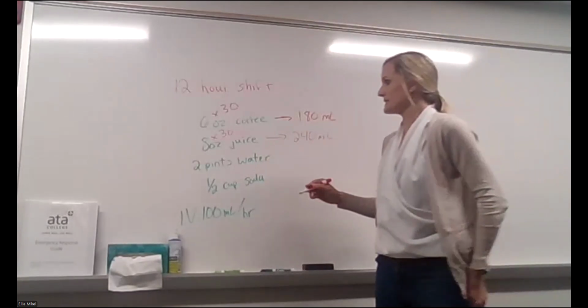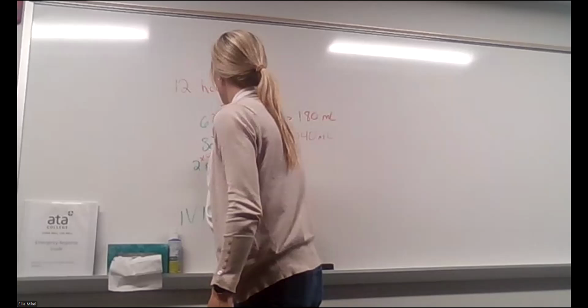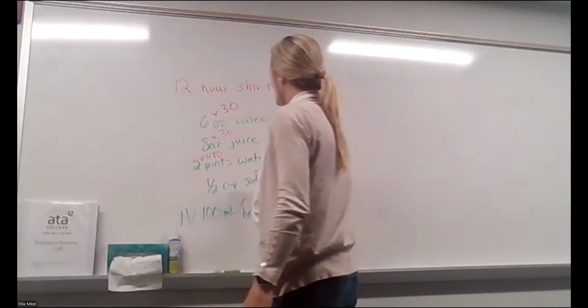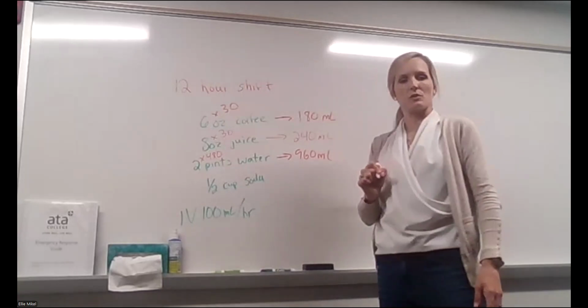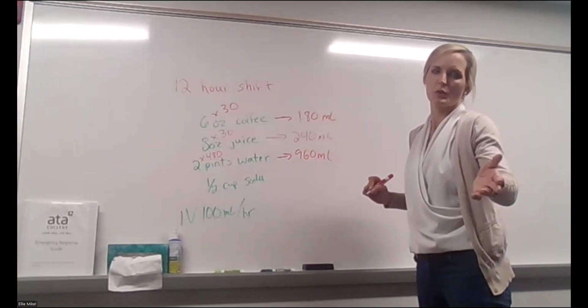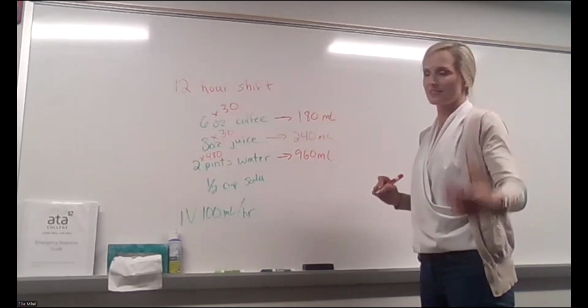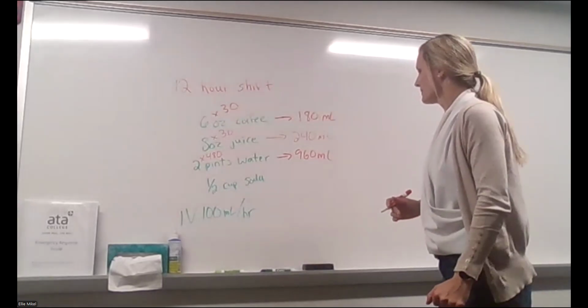So therefore, we're going to take 2 pints and multiply that by 480, and that gives us 960 milliliters of water. And that's what that patient had over the course of 12 hours, of course. So it's not like they just had 2 pints, but a pint is not a ton of water.